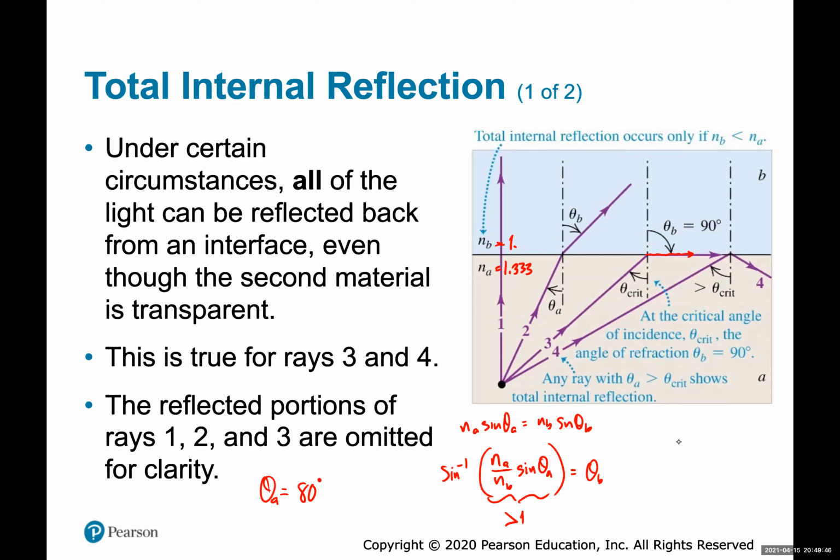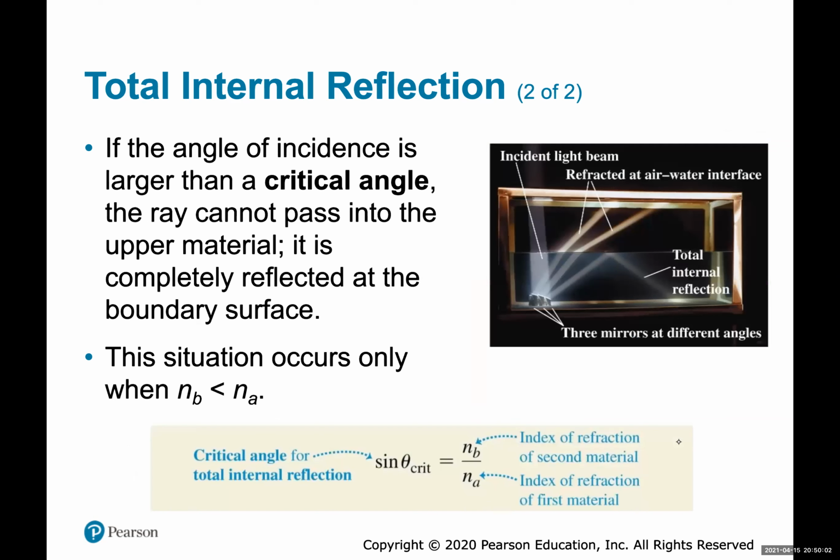In this case, transmission is mathematically prohibited, and we have to reflect all of the incident energy back into medium A. It never reaches medium B. Only if we're going from high to low index.